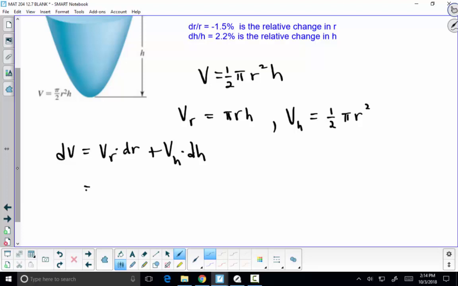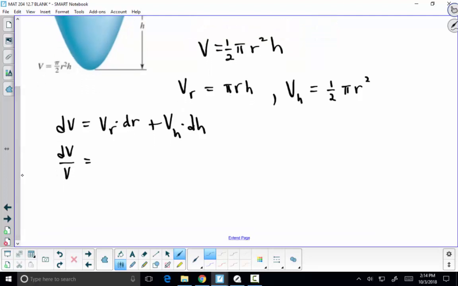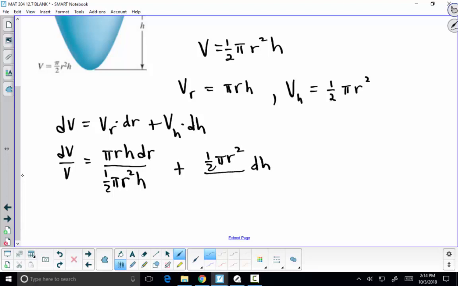Now we want dV over V, so we're going to divide both sides by V. We take V sub r, which is pi r h times dr, and divide that by V, which is 1/2 pi r squared h, plus V sub h, which is 1/2 pi r squared, times dh, and then we divide that by 1/2 pi r squared h. So dV over V.